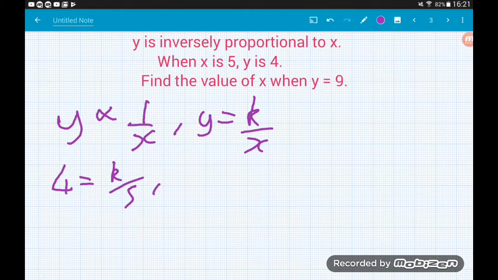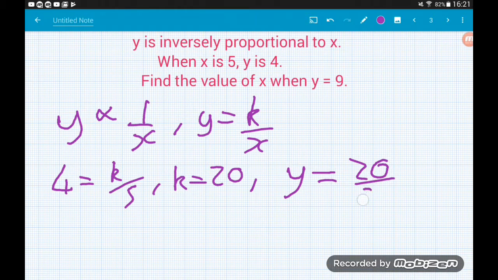Therefore, if we multiply by 5, we get k is equal to 20. And we now know the exact formula linking y and x together because we now know the value of k. So our formula is y equals 20 divided by x.